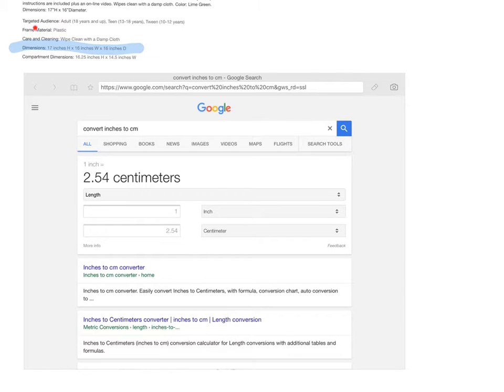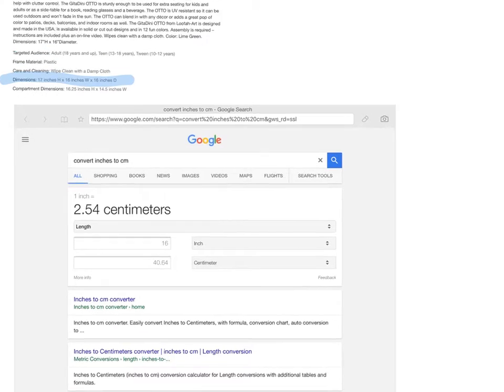And I can see right here that it says the height, again, that's not really important, but it's 16 by 16 inches. So I need to put in 16 inches. And so notice that this is my inches, and then it changed it to 40 centimeters. So 16 inches is about the same as 40.6 centimeters.